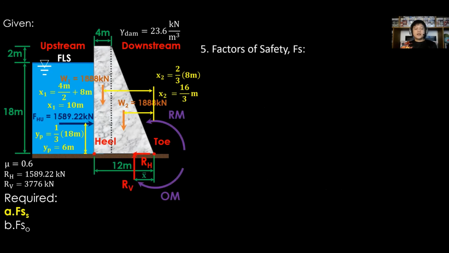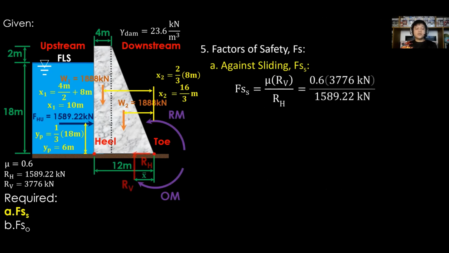Then, let us now consider the requirements, the factors of safety. First is against sliding or Fs sub S. RH and RV represents the group of actual loads or net horizontal and net vertical forces. Therefore, Fs sub S is equal to mu times RV all over RH. Substitute coefficient mu as 0.6.